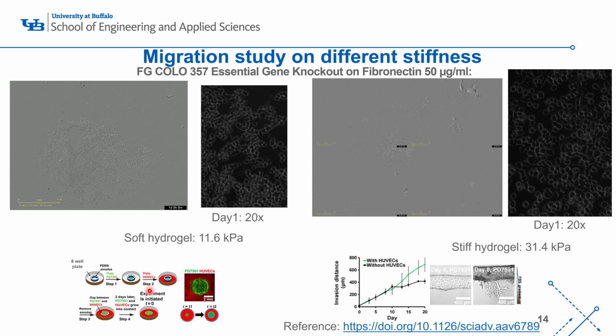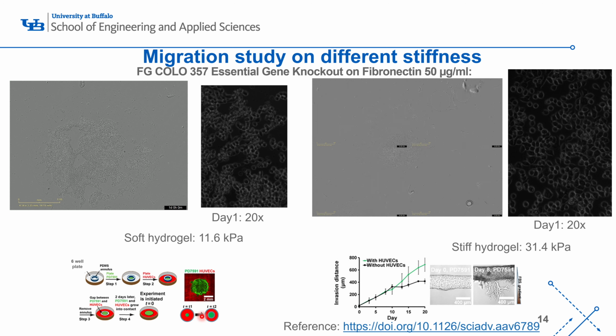Then after 1 day I will remove the annulus ring and allow the pancreatic cancer cells to touch the endothelial cells, and thereafter I will start the experiment and observe the migration of the cells.